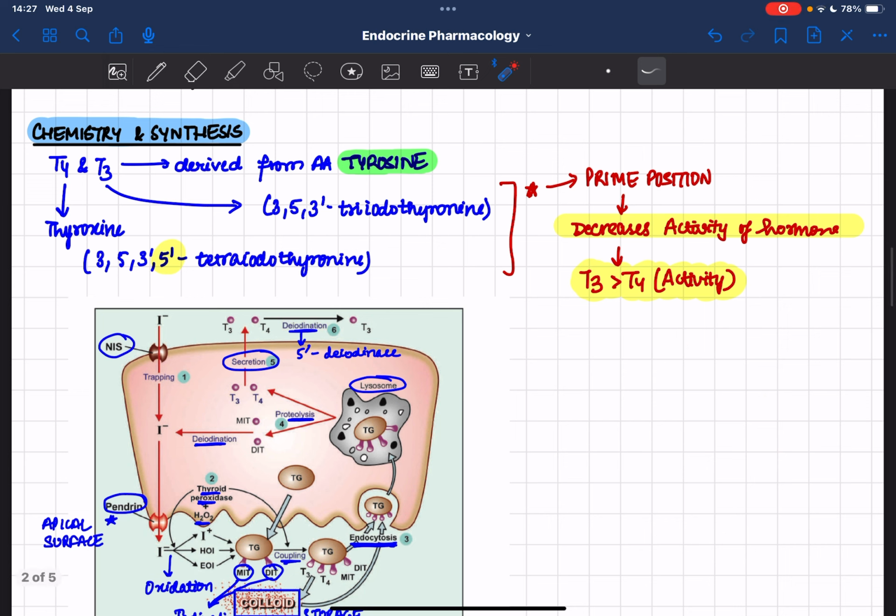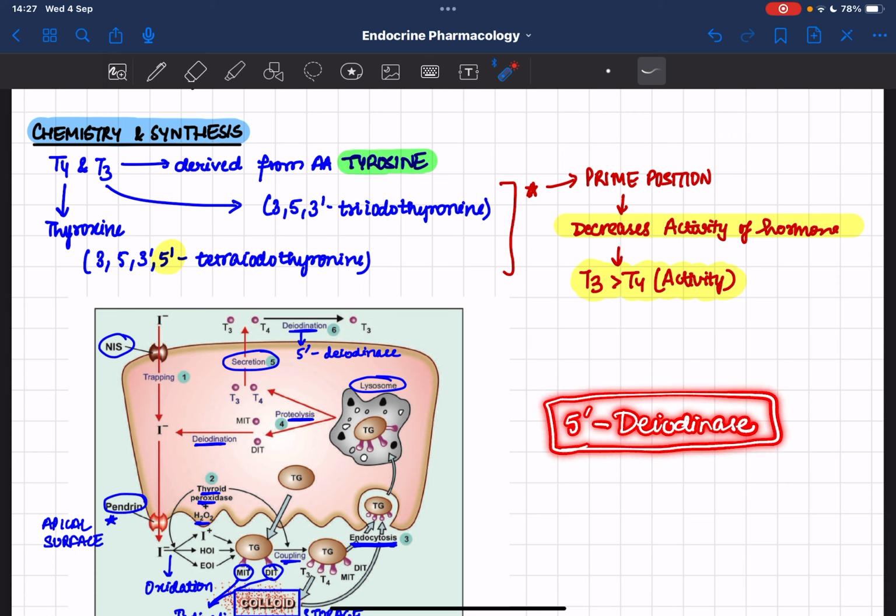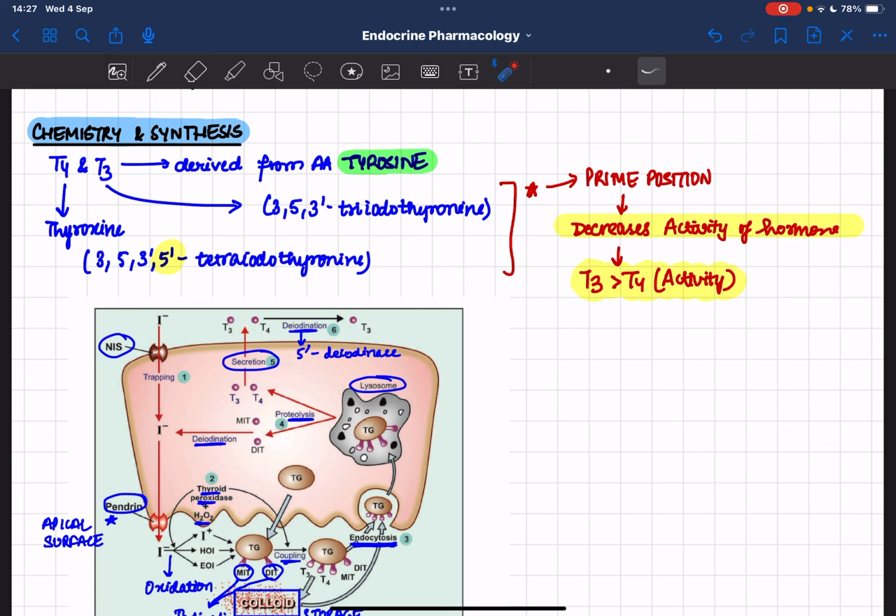There is an enzyme that we will study further, this deiodinase, and the enzyme that is found here is 5 prime deiodinase. That means 5 prime will be eliminated, and that means we'll find 3 prime here instead of 5 prime.